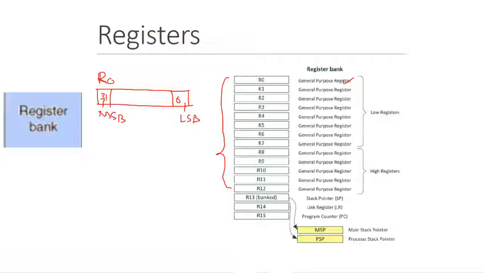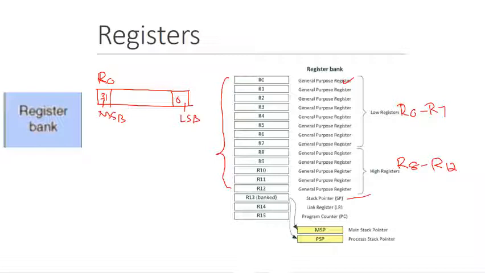And in that, they have been divided as R0 to R7 as low registers and R8 to R12 as high registers. We shall see the details of why these things have been done in module number 2. This is the continuation of architecture only. You just need to know the overview. Then R13 is called the stack pointer.